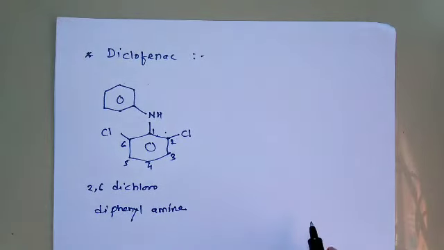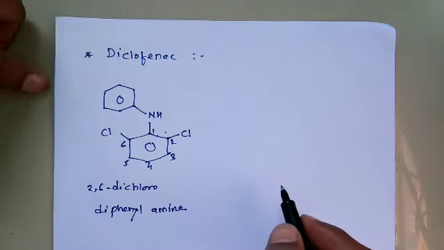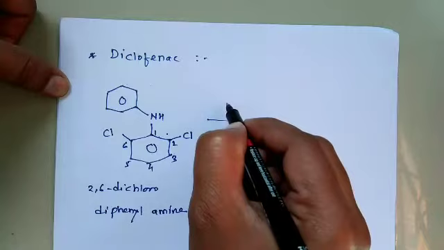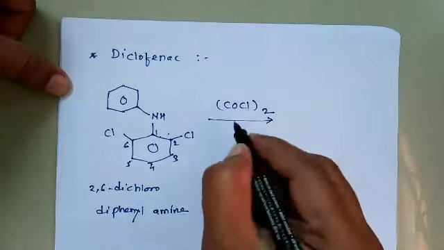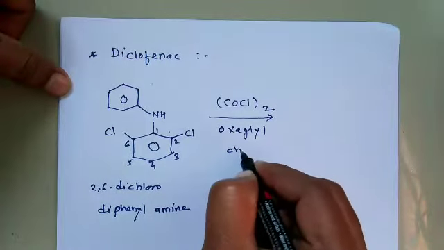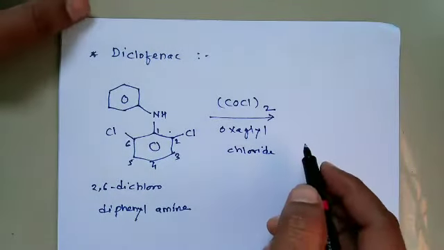Okay, so this 2,6 dichloro diphenylamine reacts with COCl twice. That means it is oxalyl chloride. Oxalyl chloride.